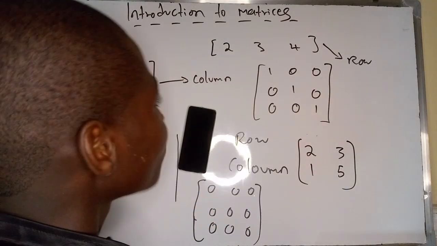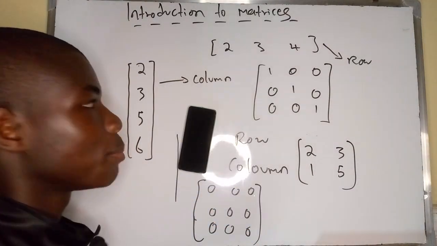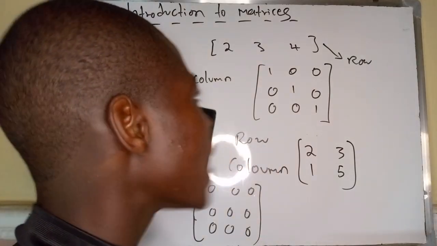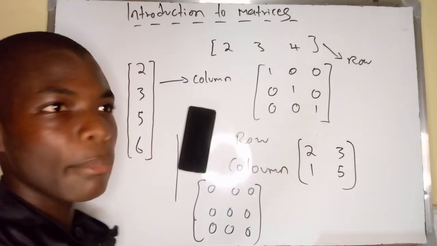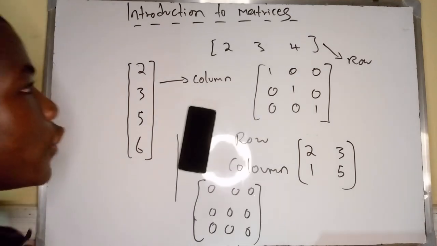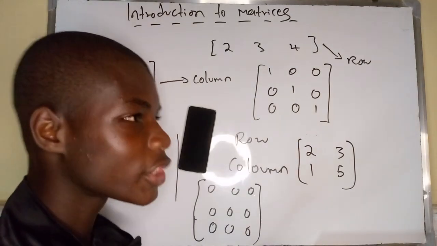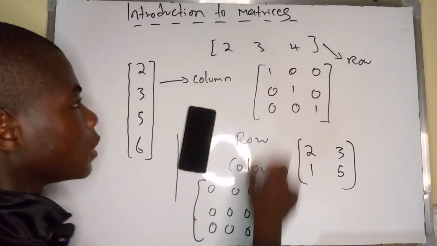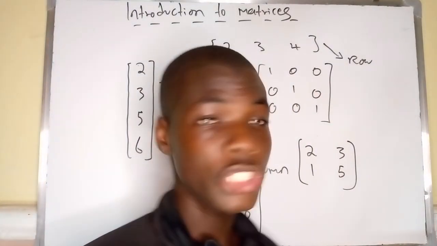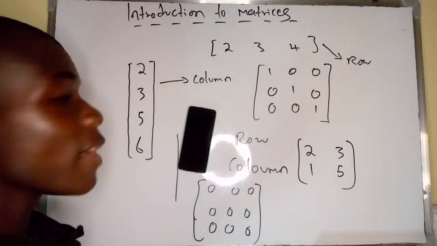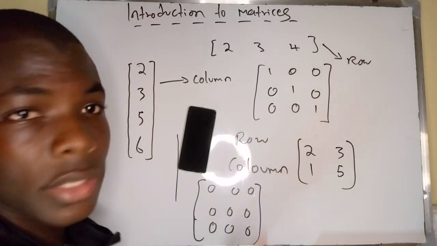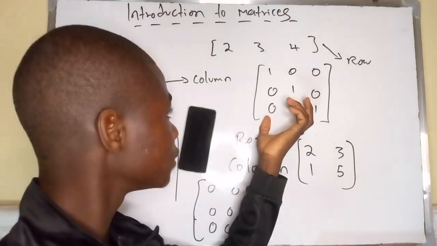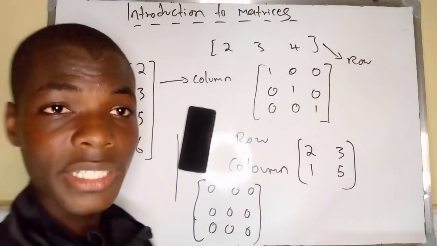If you are new to matrices, you will not know the identity matrix. But if you check my videos on Gaussian elimination and Gauss-Jordan elimination, especially Gauss-Jordan elimination, that is a method where we always use the identity matrix.